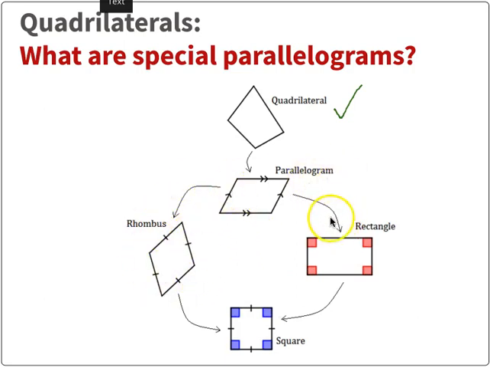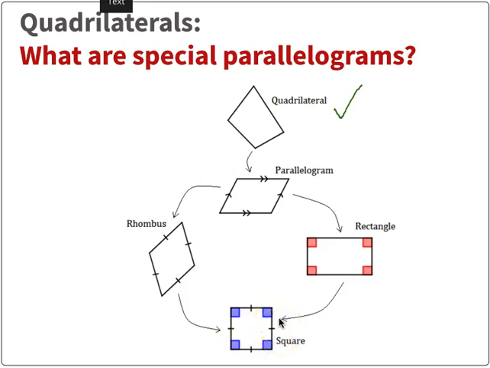That's what I wanted to show you with this chart, that all 3 of these special types of parallelograms will have the properties of parallelograms and then some properties that make them specific to their shape. And we're going to talk about what those are.